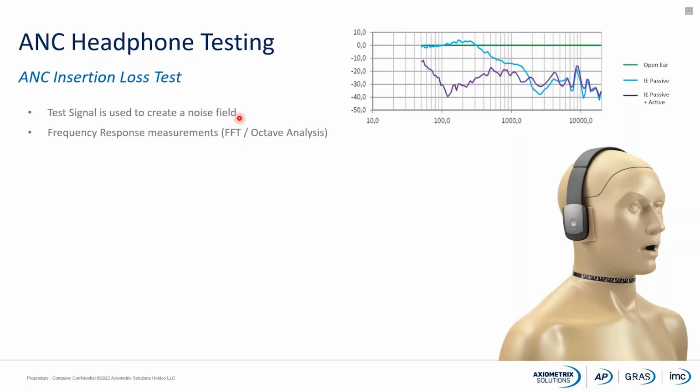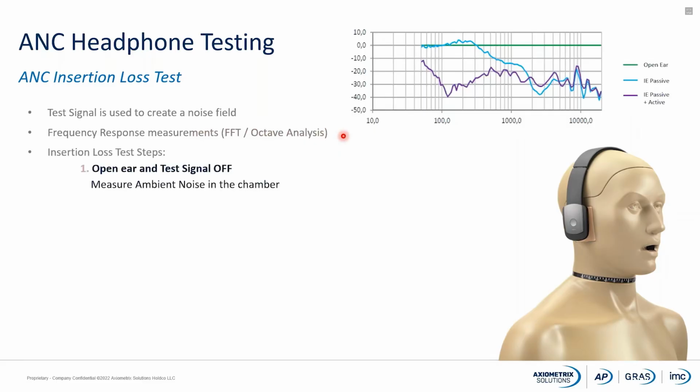We're going to perform the measurement in terms of a frequency response test. It could be an FFT, but it could also be an octave analysis such as third octave or 1/6 octave analysis, depending on the resolution we would like to have. The important thing is that we always specify exactly what we are using for a test.